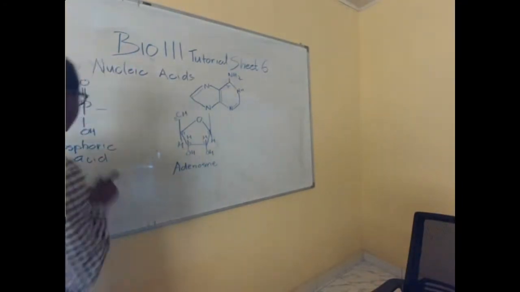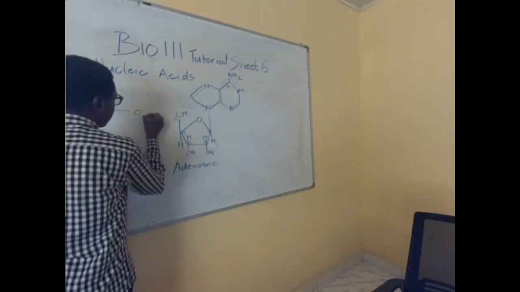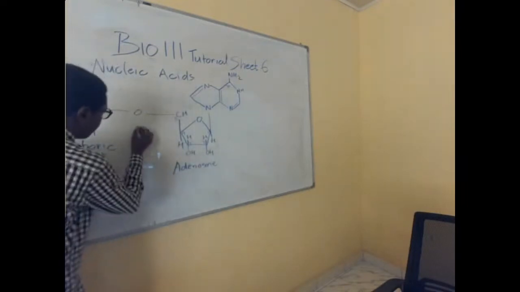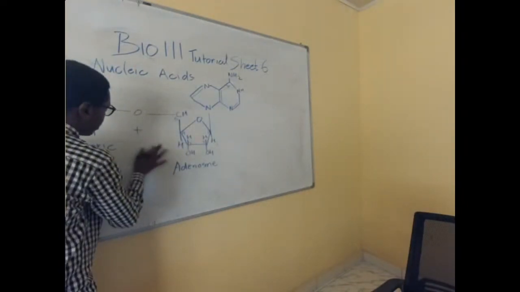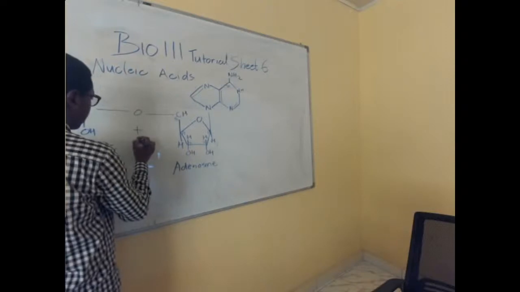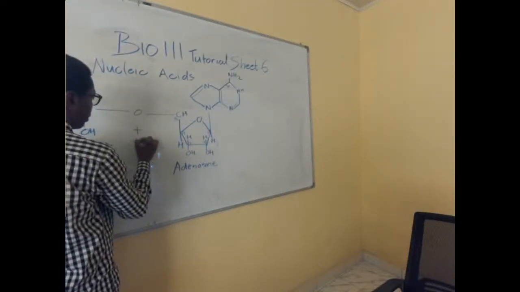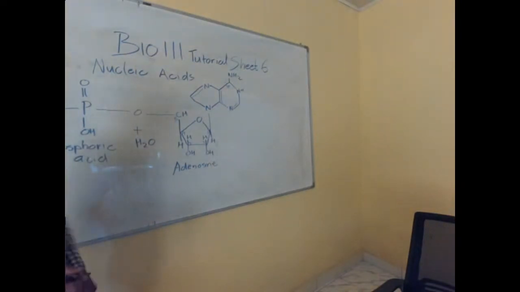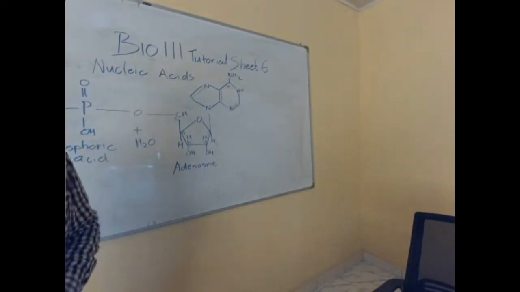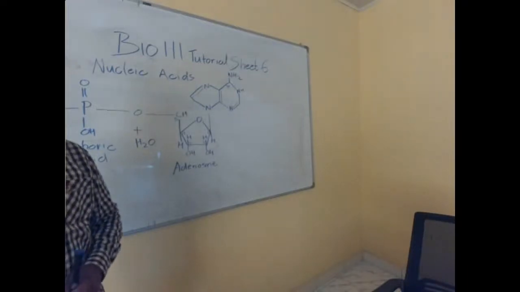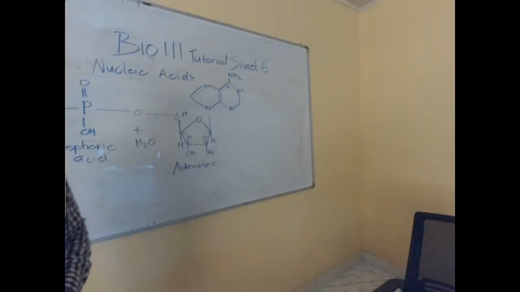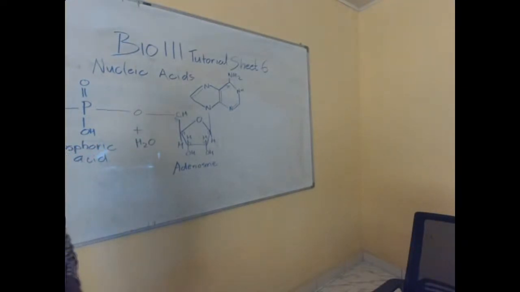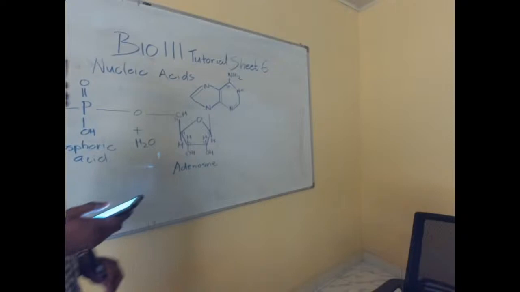So we see this arrangement: a phosphoester bond plus our water molecule. So this is the process that is involved in the synthesis of a nucleotide.